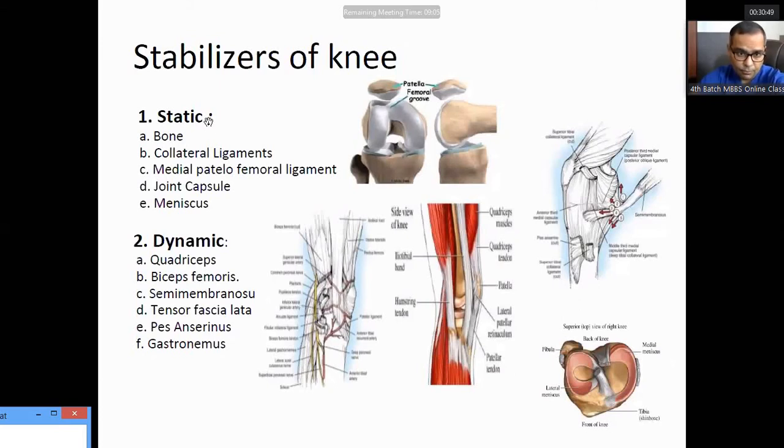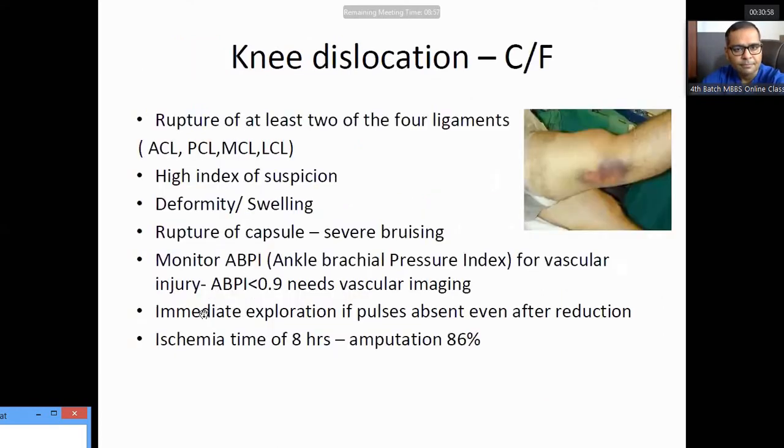Stabilizers of the knee: static, which are bony, capsule, collateral ligaments, meniscus; and dynamic, all the muscles around the knee. Clinically, if the patient presents with typical deformity, we can easily confirm it. For the knee to dislocate, at least 2 of the 4 ligaments, anterior cruciate ligament, posterior cruciate ligament, medial and lateral collateral ligament, which are the main stabilizers of the knee, should be injured.